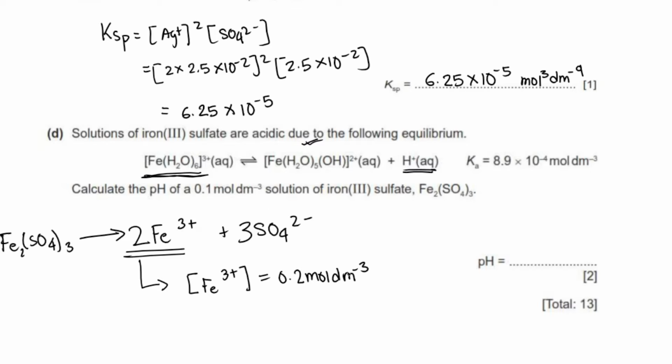As a result, its ligand will also be of concentration 0.2 mole per dm cube. So the ligand formed by the iron 3 plus ions will also have a concentration of 0.2 mole per dm cube.